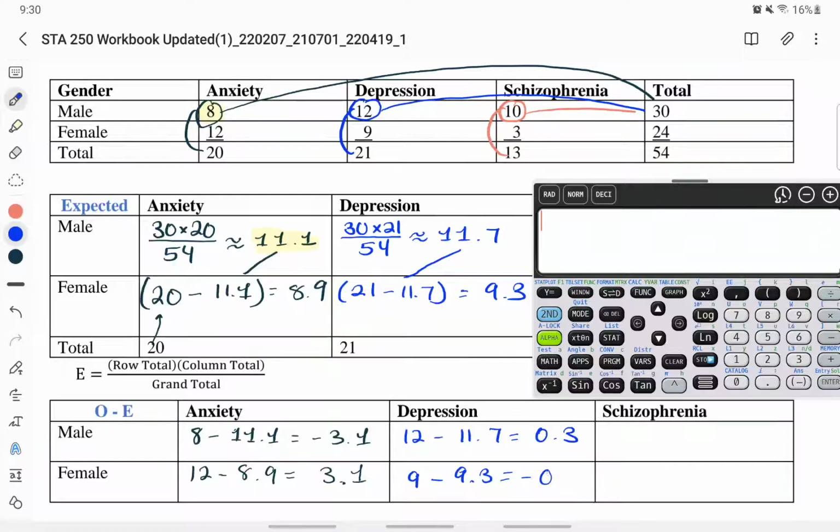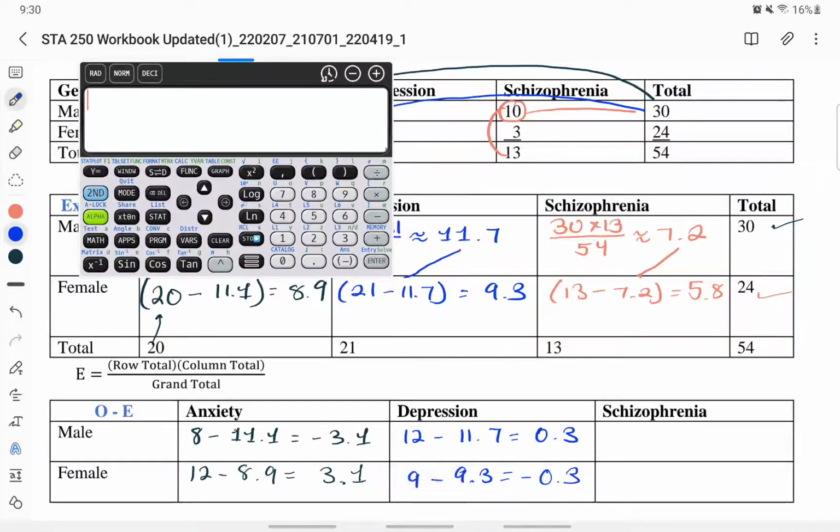And that's going to equal negative 0.3. For male and schizophrenia, the observed is 10. The expected is 7.2. That's going to equal 2.8. For female and schizophrenia, the observed is 3. The expected is 5.8, which means when we subtract, that's going to be negative 2.8.